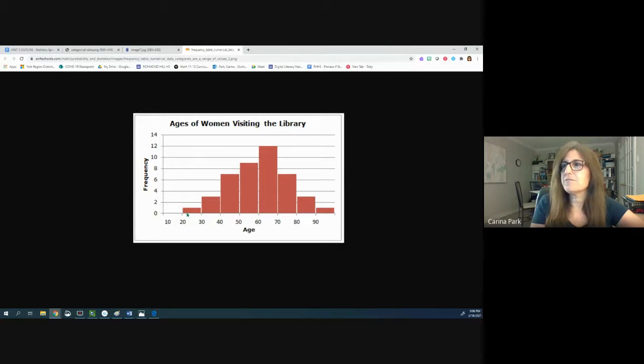So this first bar starts at 20 and goes right up to 30, but not including 30. So it would include 29.5, 29.9, but not 30. The next bar starts at 30 and goes to 39.9, but not 40. Okay, so each bar begins with this number on the left.